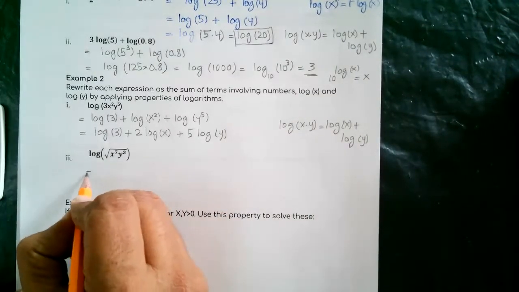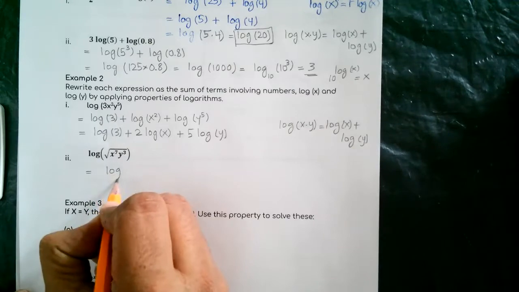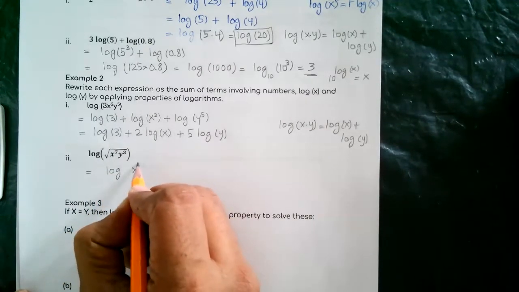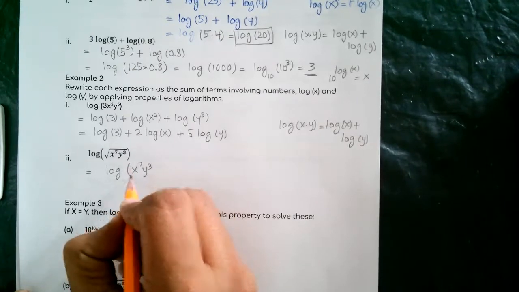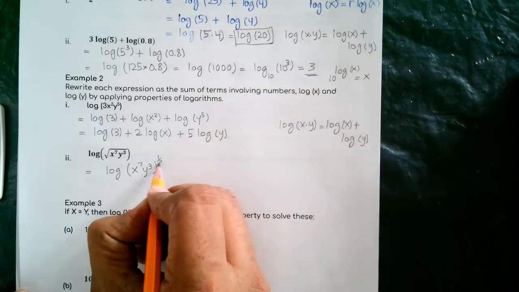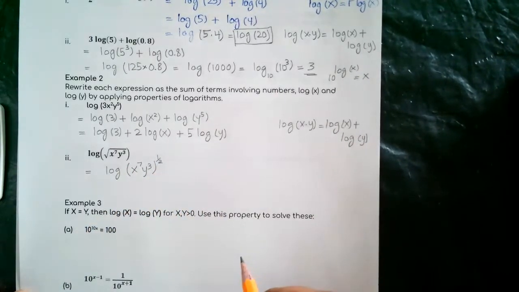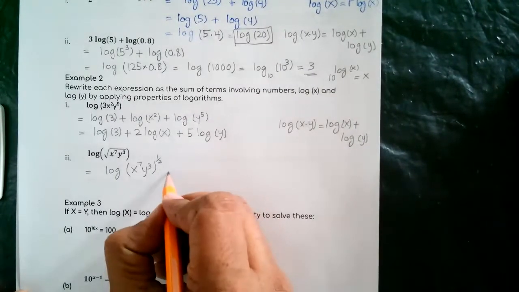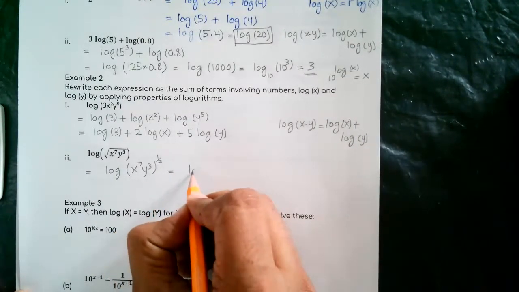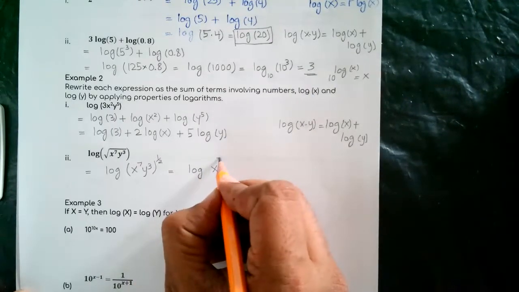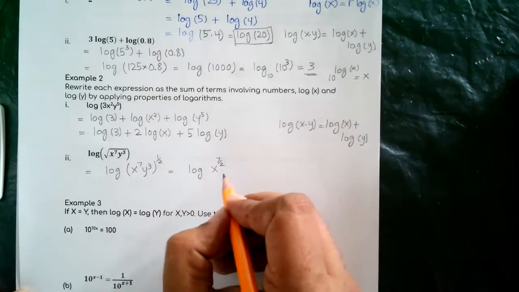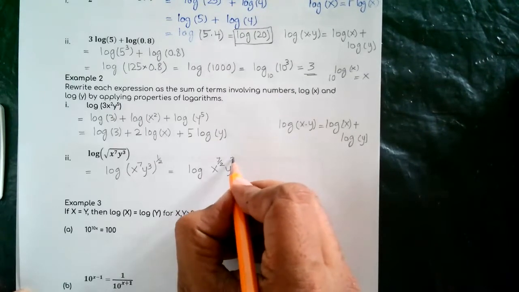We write this as log of x power 7 y cubed, power 1 over 2. So square root we change to the power of 1 over 2. Then we write this as log of x power 7 over 2 y power 3 over 2.